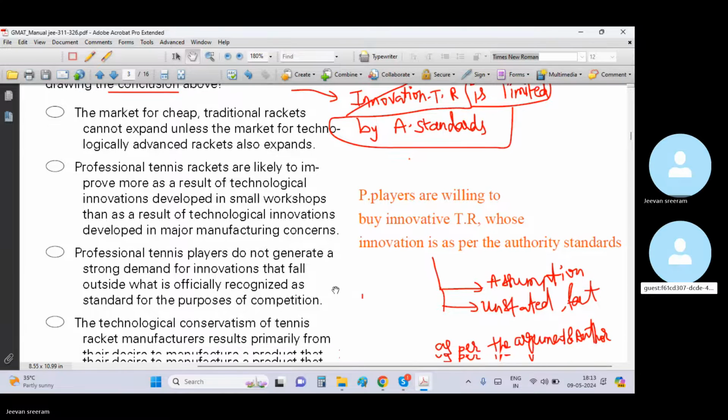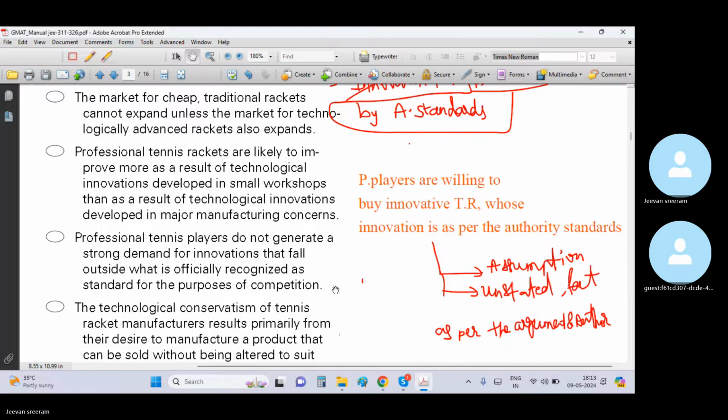The market for technologically advanced rackets also expands. Rackets are likely to improve more as a result of technological innovations. The strong demand for innovations that fall outside what is officially recognized. Technological conservatism.